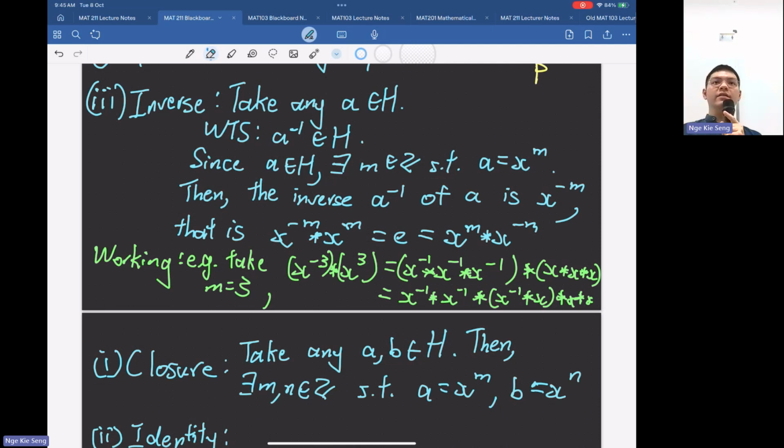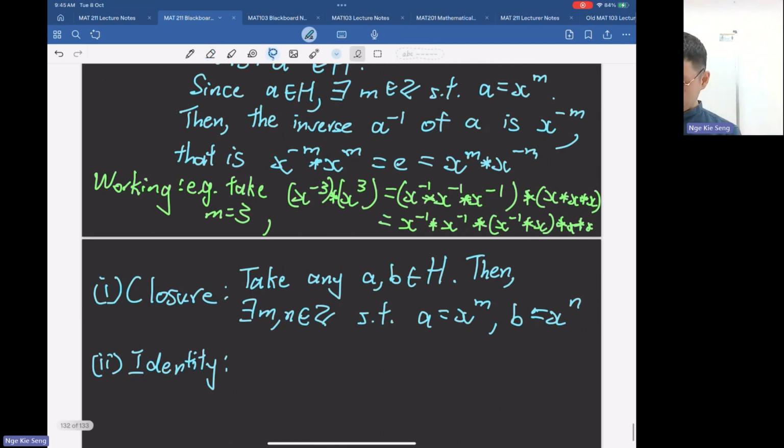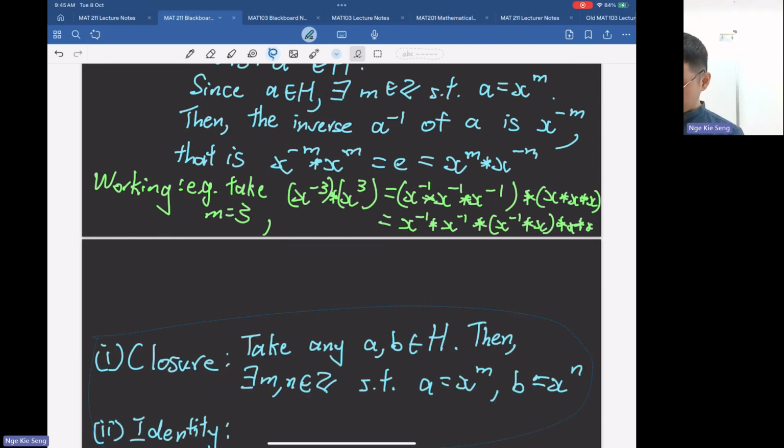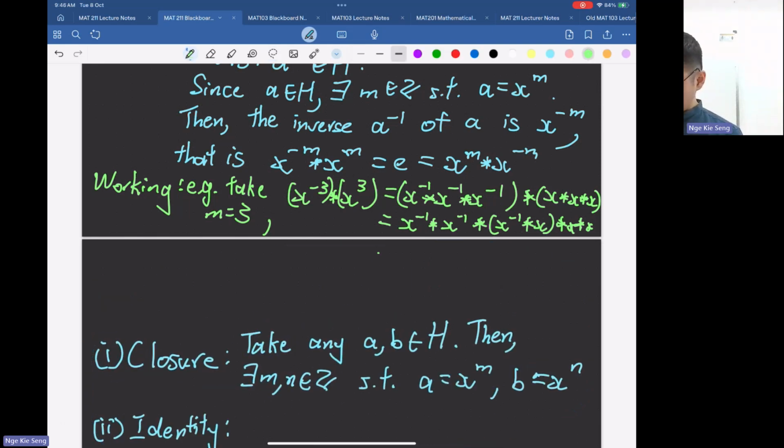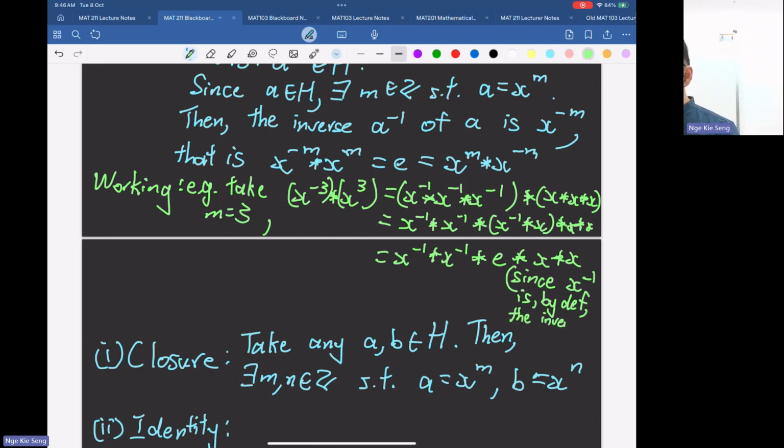x inverse is the inverse of x, so this equals the identity, since by definition x inverse is the inverse of x.